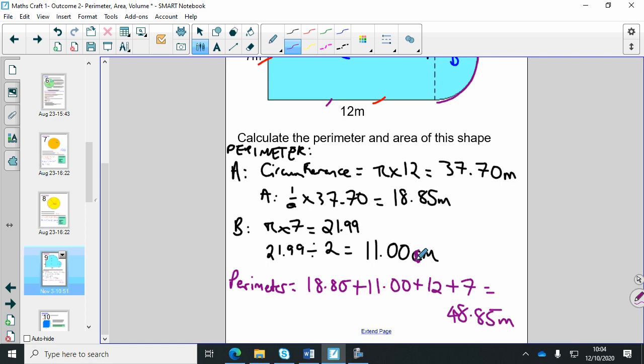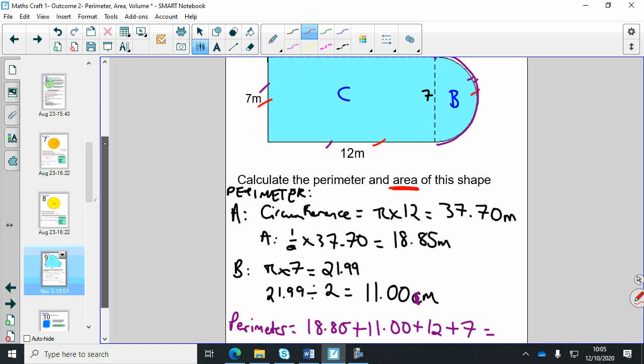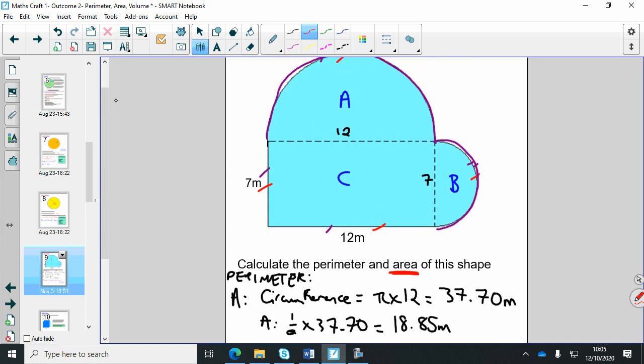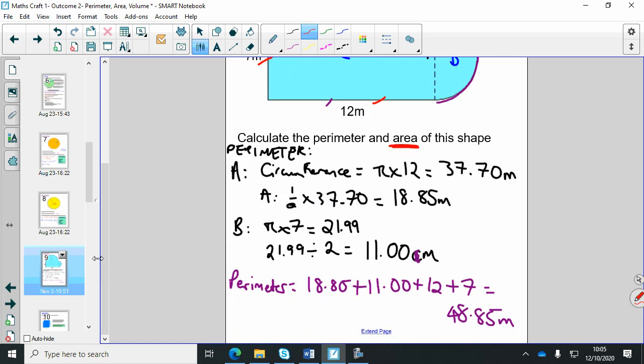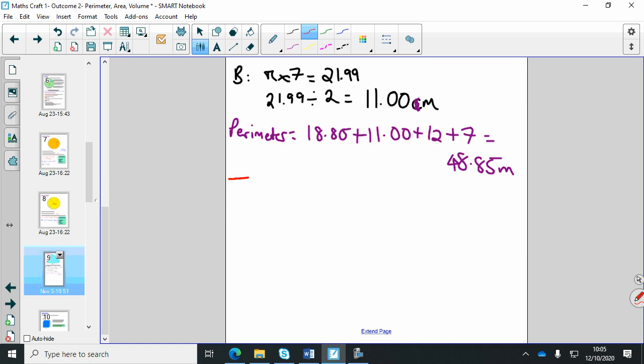Now it's also asking for the area of the shape. So we're going to need to go back and work out the areas. We need to work out the area of the two half circles, A and B, and then the area of C. So for the area, for part A, because it's a half circle, we need to do a half of pi r squared.